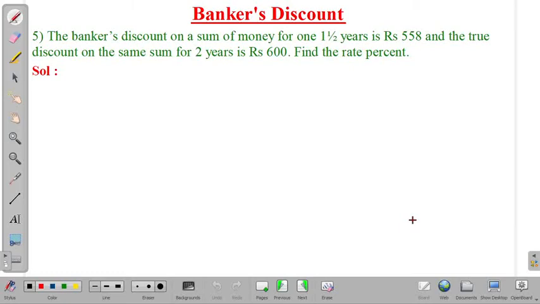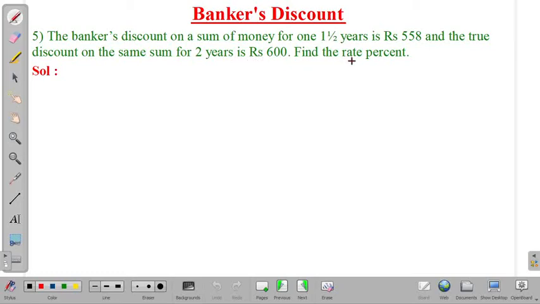See, in this problem what is given: banker's discount on a sum of money for 1.5 years is rupees 558, and the true discount on the same sum is given, but it is for 2 years. Just notice the time, here it is 1.5 years and here it is 2 years, and the true discount is given as 600.